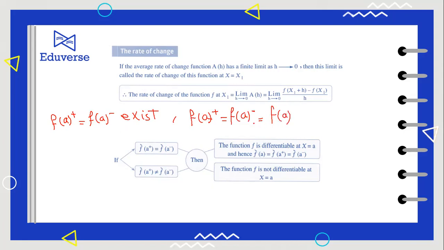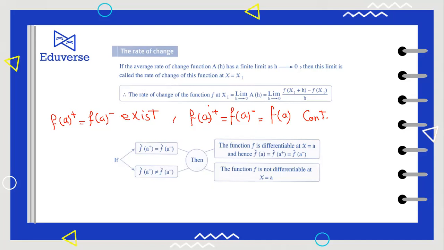Okay, in the first term, we talk about this, it will be continuous. When the function is continuous, I can discuss differentiability, but if the function is not continuous, then it can't be differentiable ever. But if the function is continuous, it's not necessary to be differentiable. It can be continuous but not differentiable.